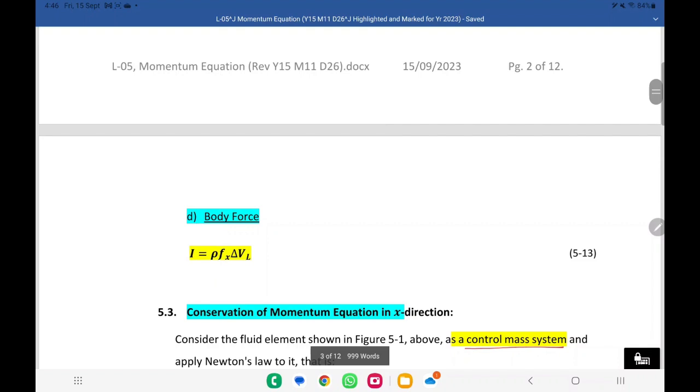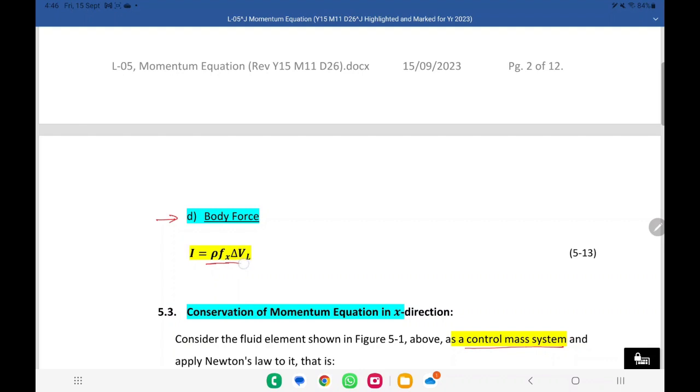Then there is one thing more, which is a body force. Body force, so you have a fluid element, a control mass system, and gravity, let us say, is acting on it. It is acting on the whole body. So that force is actually proportional to the mass.